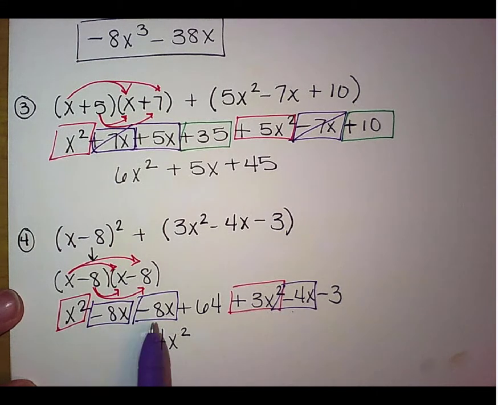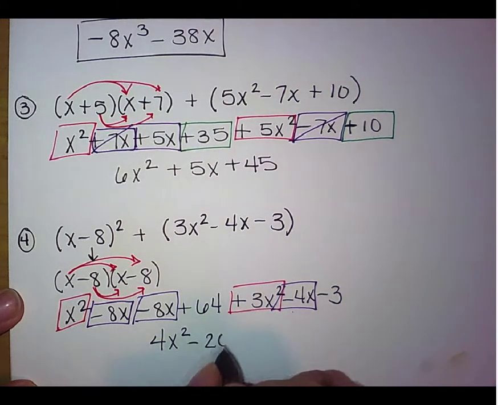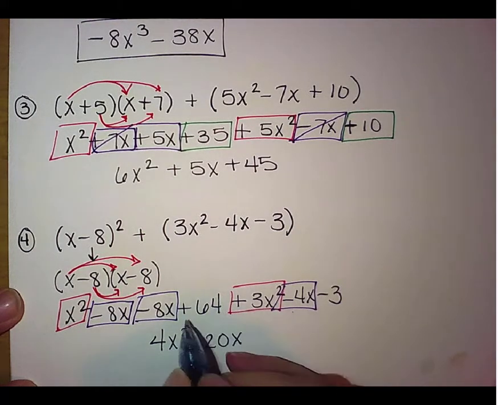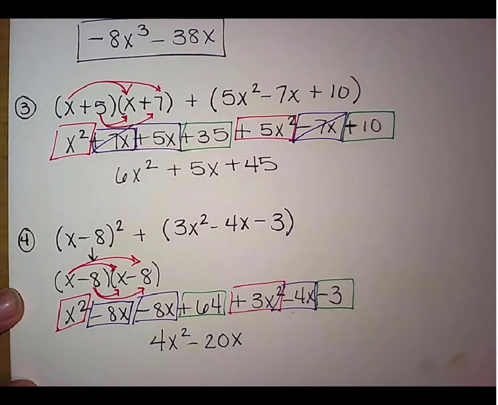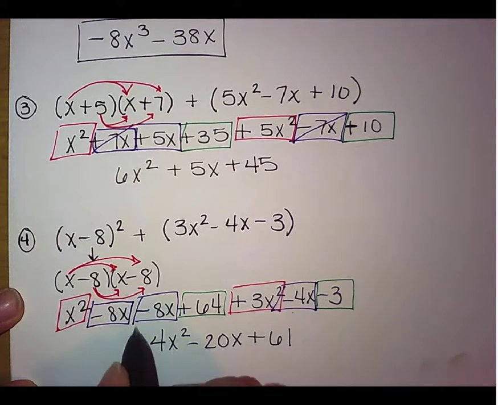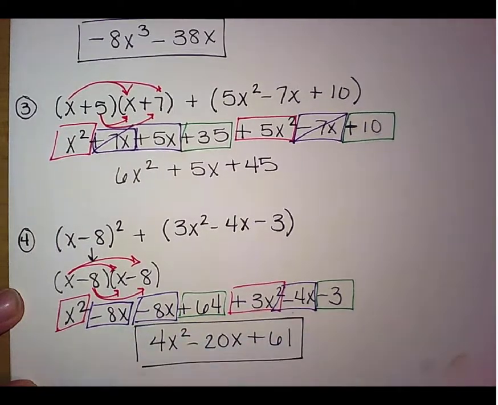So 8 and 8 would give us 16, plus 4 would give us 20, it would be a negative 20x. And then for our last set of like terms, we have a positive 64 minus 3, so that's going to be a positive 61. And so our answer here would be 4x squared minus 20x plus 61.